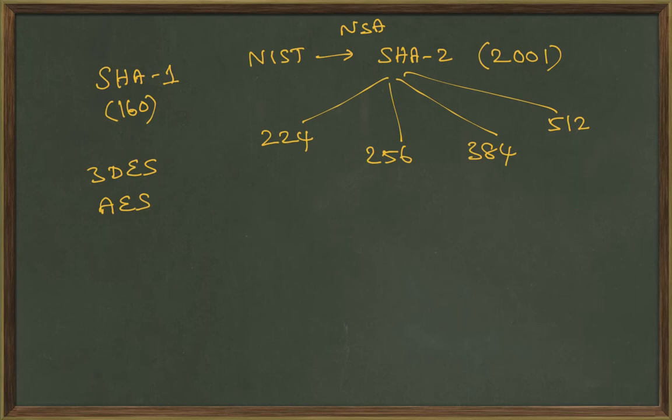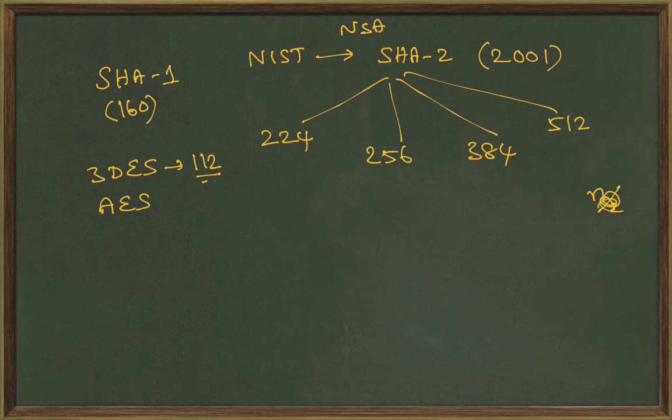I told you in my 3DES episode, if you use keying option 1 with 3 different keys, the effective security that 3DES can provide is roughly 112 bits, even though there is another research paper which says you can bring it down further to 108. That means if you want to provide the same level of security with a hashing function, I told you, if the hash output is n bits, due to the birthday attack, the effective security is only n by 2, right?